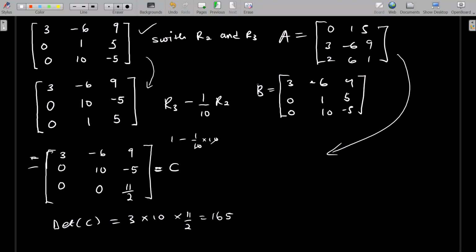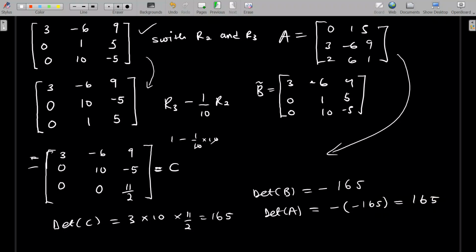Before we reduced B to C, we switched rows. So the determinant of matrix B is equal to the negative of the determinant of C, which is negative 165. And before we got to matrix B, we switched rows in matrix A. So the determinant of matrix A, which is what we are looking for, is the negative of the determinant of B, which is negative negative 165, and that is 165.